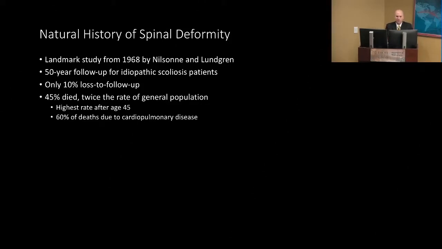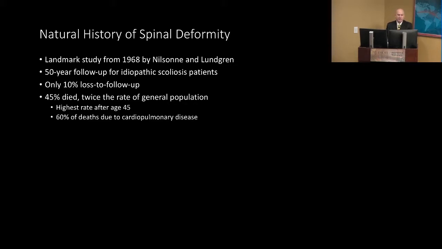They had 50-year follow-up for adolescent idiopathic scoliosis, which is unheard of. They only had 10% loss to follow-up, which would be a record in a study like this. 45% of the patients who started out with adolescent idiopathic scoliosis died, which was twice the death rate of the general population.